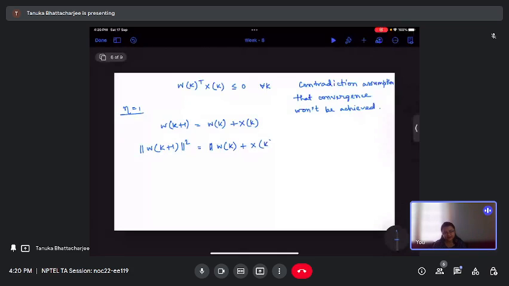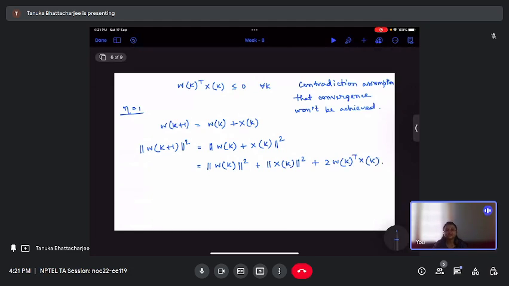Now, if you expand the norm square on the right side, that is norm of wk plus xk square, what you will get is norm of wk square plus norm of xk square plus twice wk transpose xk.